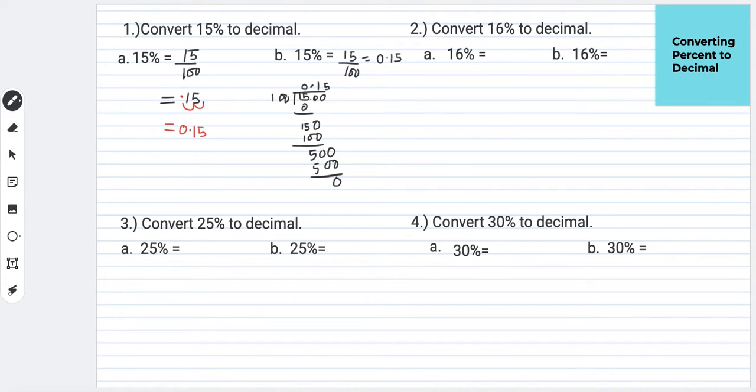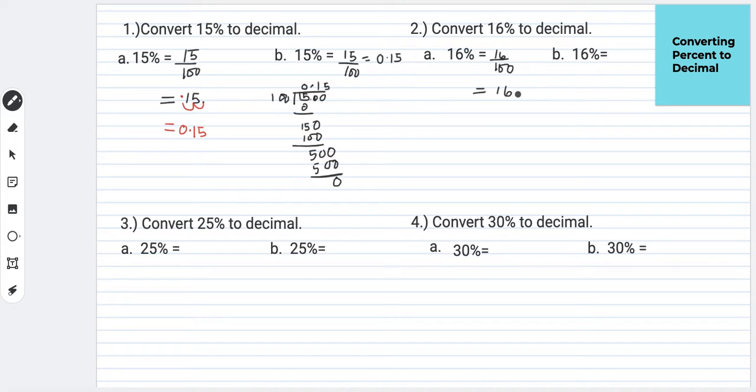Now, let's proceed to problem number 2. 16%, convert this to decimal. That is 16 divided by 100. And we have to divide 16 divided by 100. First, we have to copy 16. The decimal point of 16 is right after number 6.